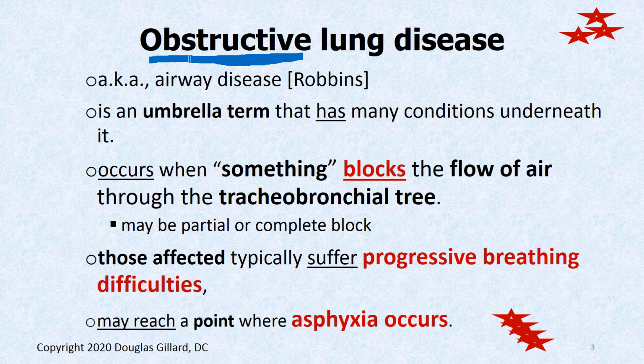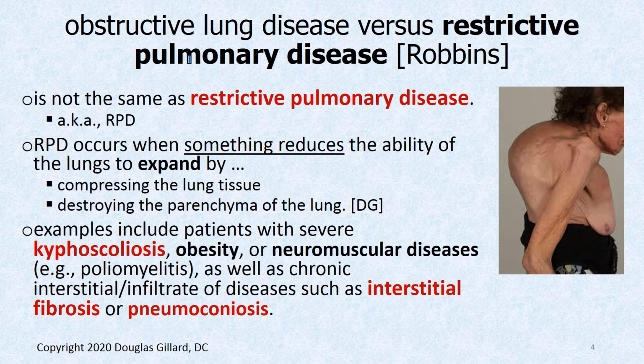Something is going to block. The question is, what is that something? Those people affected are going to have trouble breathing, and it could get so bad that you become asphyxiated. You can't get air in, and that's kind of the end phase of this thing.